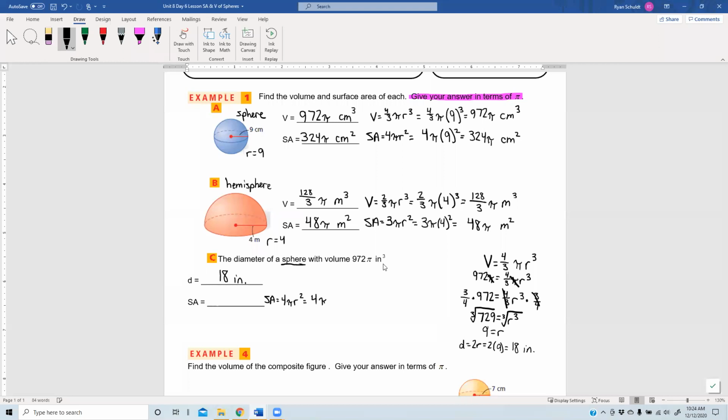We already said r was 9, so 4 pi times 9 squared, which would get us 324 pi inches squared. Okay, there's that example.